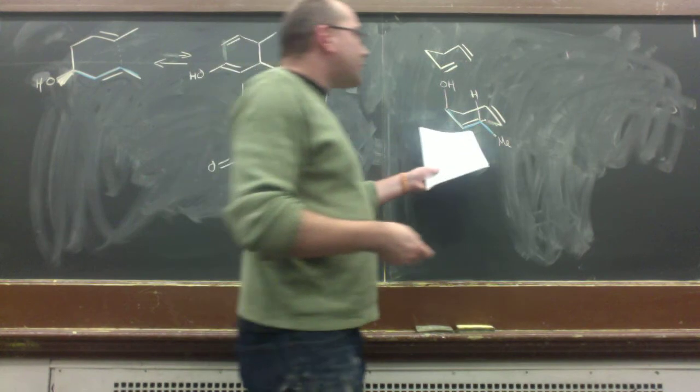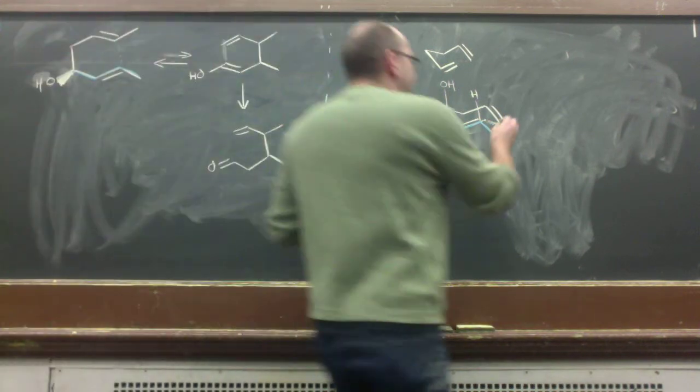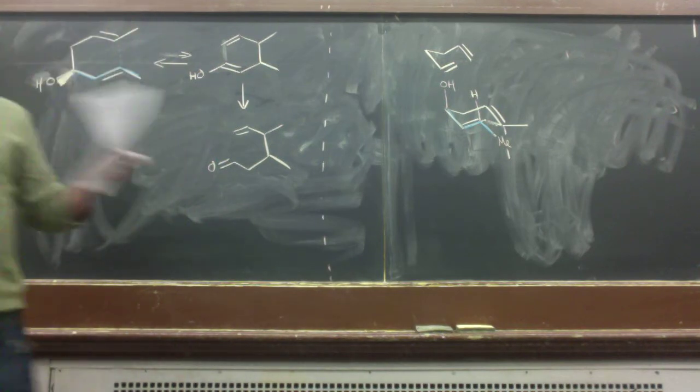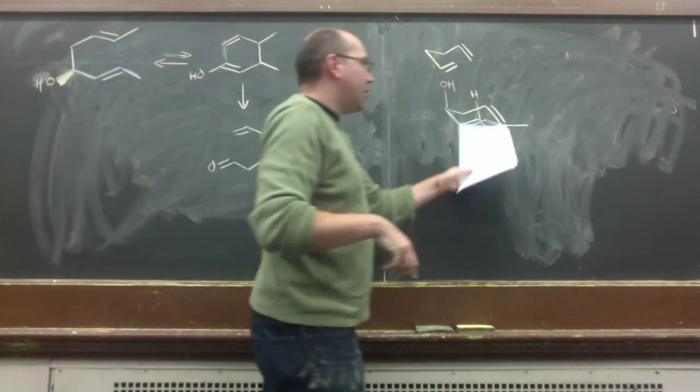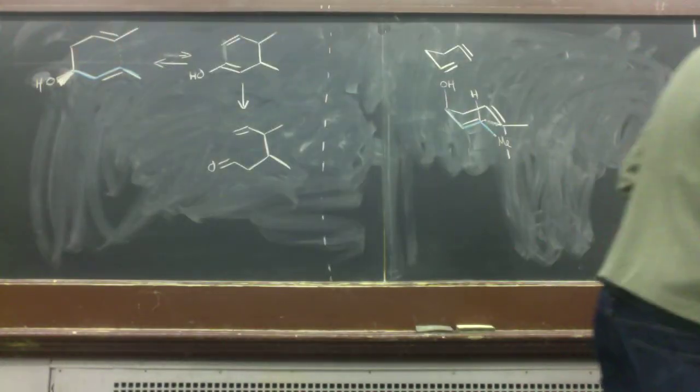But the other thing that we have is this other alkene over here. Same as before, if we imagine this being a chair, we've got equatorial up, axial down. Now we're talking about this alkene over here.